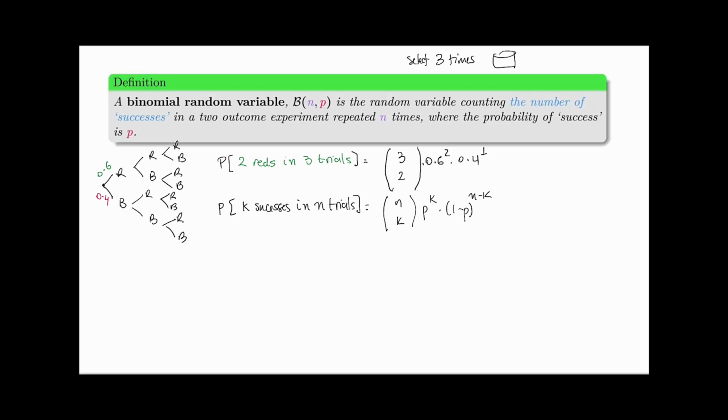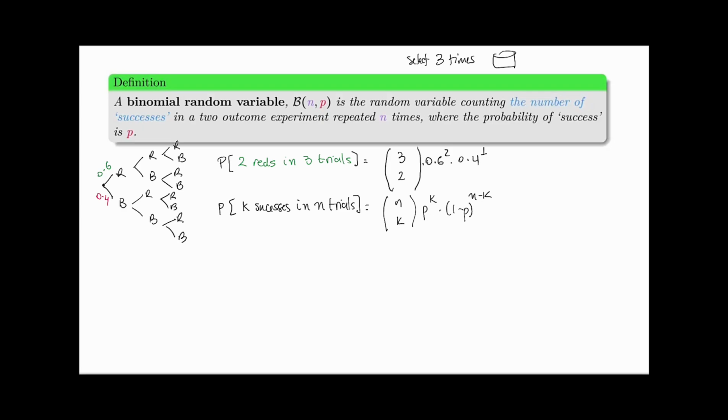Now, if I want to identify the probability of 1 red in 3 trials, then the probability of 2 reds in 3 trials, and what's the probability of 3 reds in 3 trials, right?